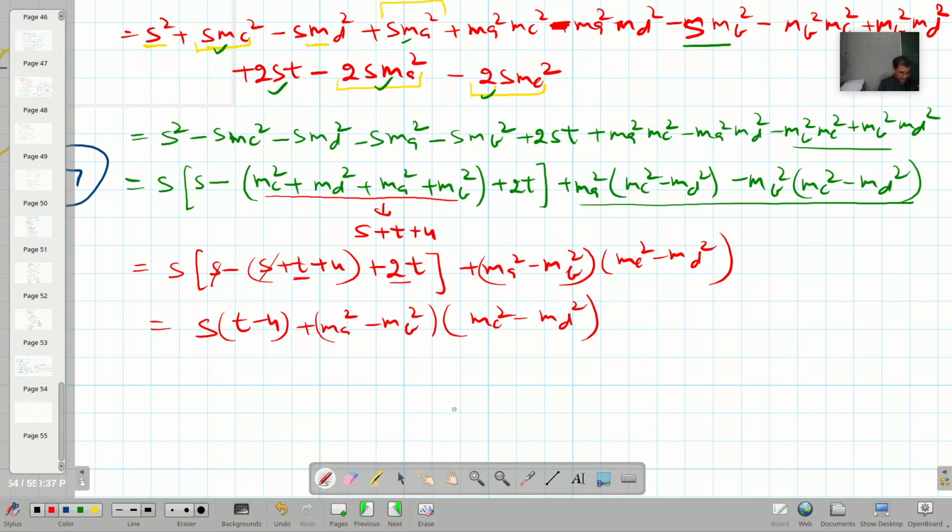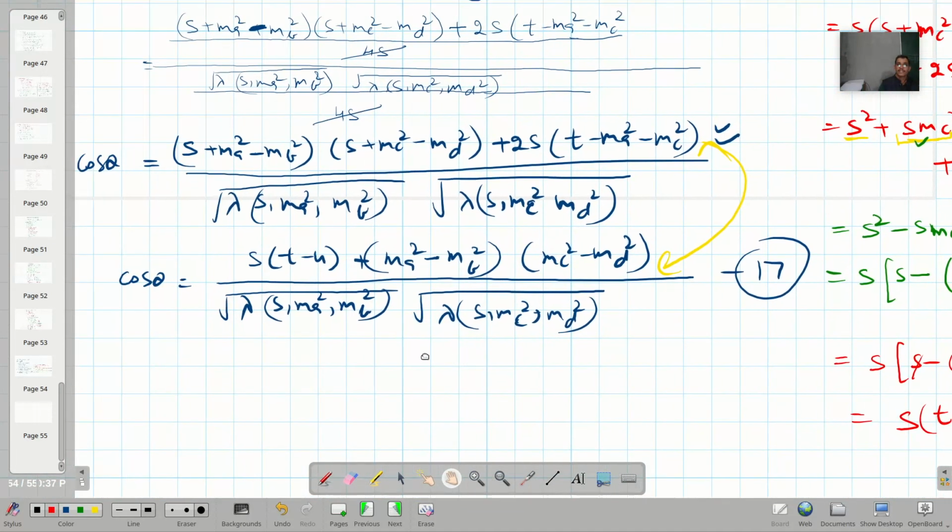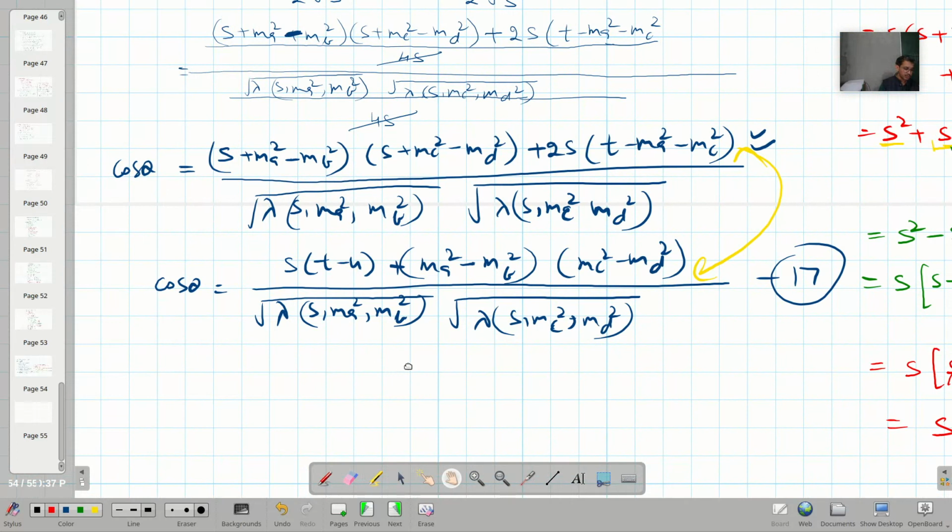Now let us consider the case of elastic scattering. Special case, the case of elastic scattering. So this is the relationship which we know.